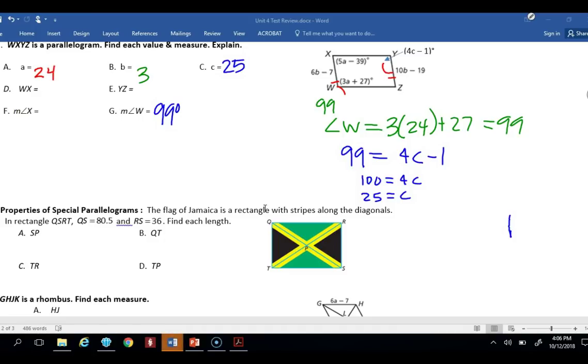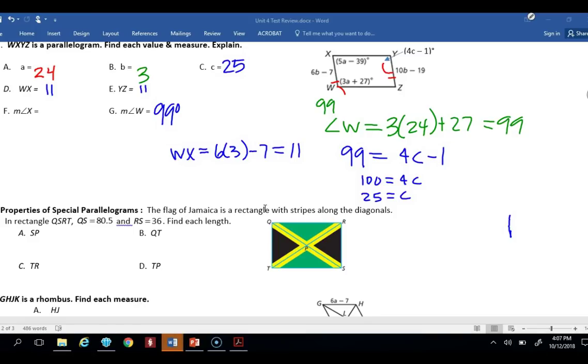When I'm solving for WX, that would be 6 times 3 minus 7. And 6 times 3 minus 7 is 11. So WX is 11, which means YZ would be 11 as well, because they're opposite sides. So we could just say that, or we could prove it by filling it in.